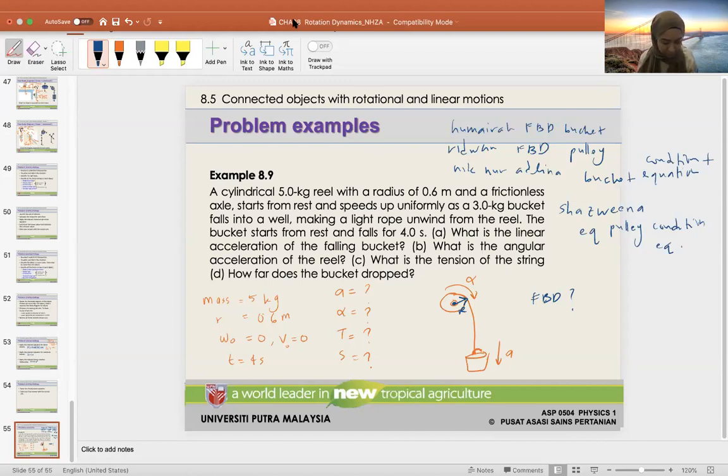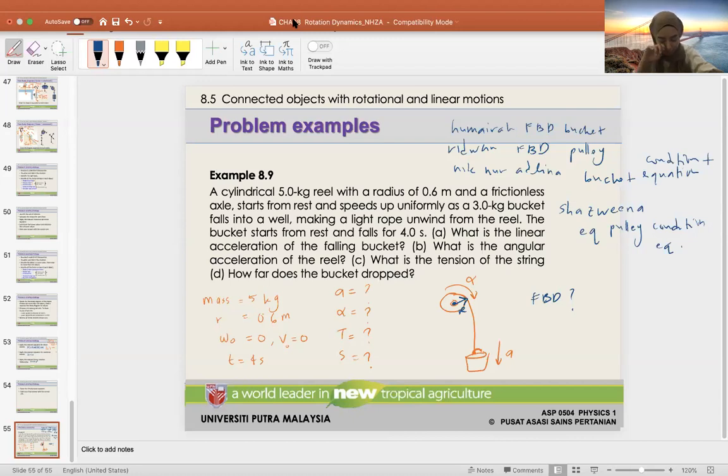Okay, so torque is I alpha. That's the condition, betul. And that is 1/2 mr squared alpha. RF is equal to 1/2 mr squared A over R. Okay, so Shazwina, RF tu, F tu F apa?